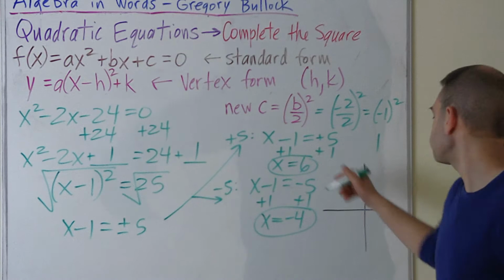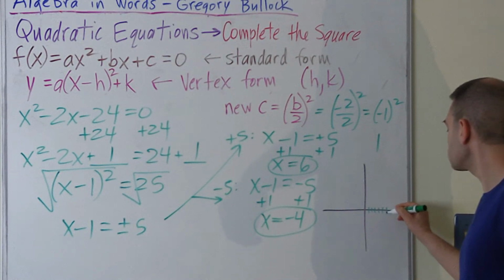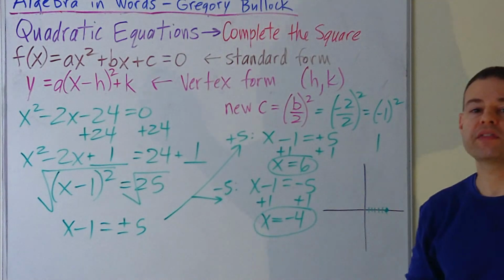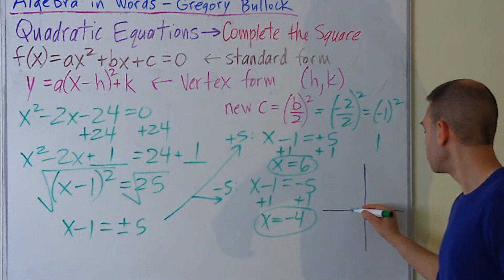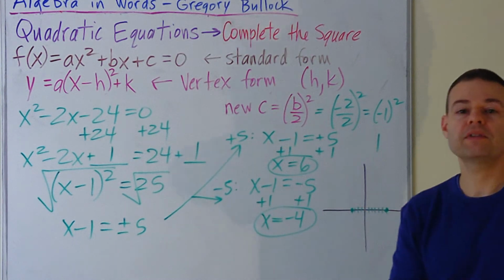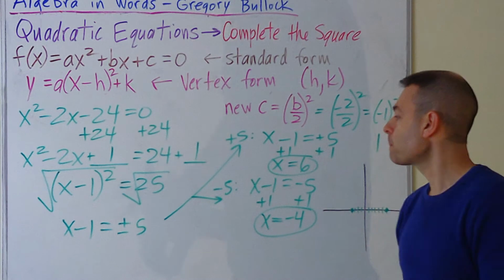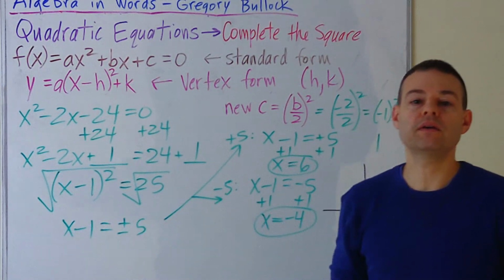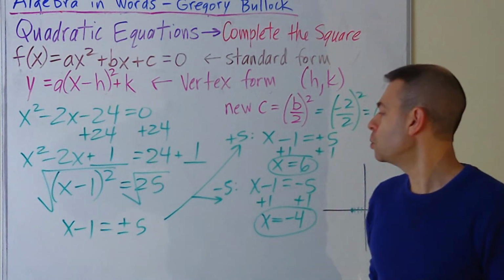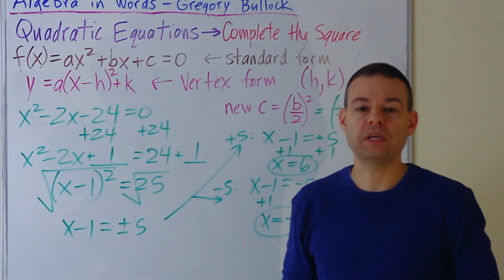Let's plot the 6 first, which would be 1, 2, 3, 4, 5, 6 here. And then the negative 4 would be over here, 1, 2, 3, 4. So we have the x-intercepts. All right, now what about the vertex? Well, before, if you rewind the video, you would have seen that the h value will be 1.